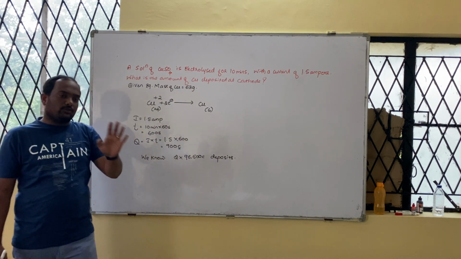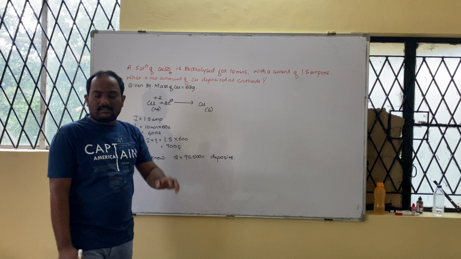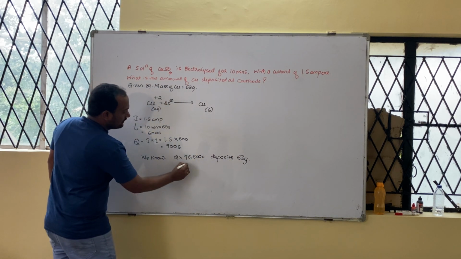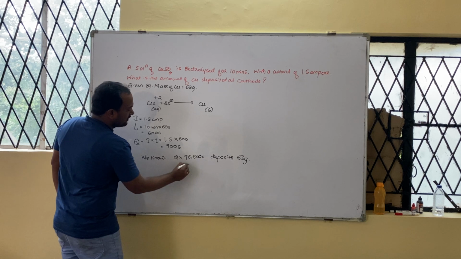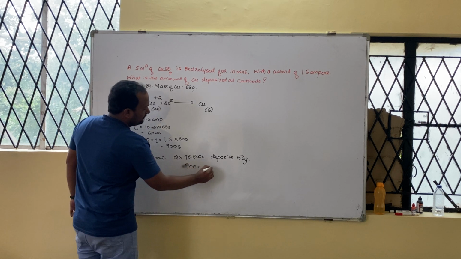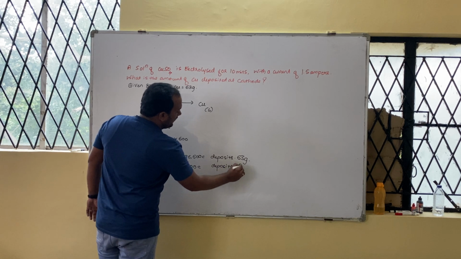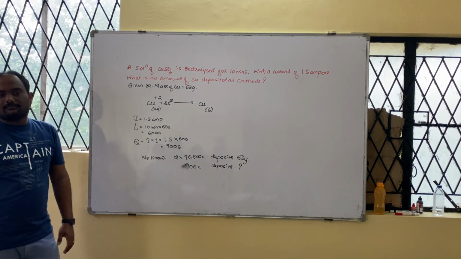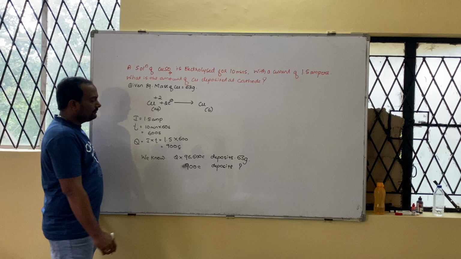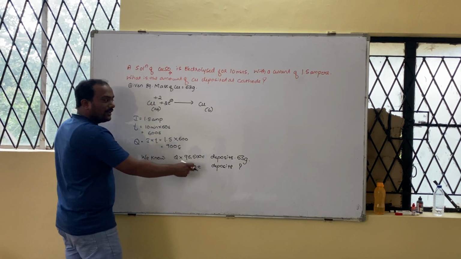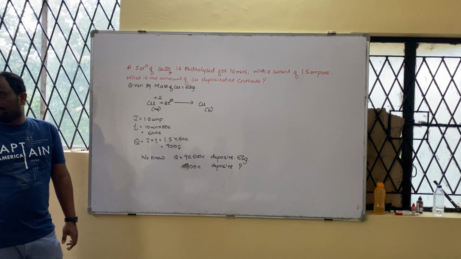Whether you pass 1 Faraday, 2 Faraday or n Faraday, how much deposits? 63 gram. Then 900 coulomb deposits how much? How do you calculate? Cross multiply. 2 into 96,500 deposits 63, then 900 is given, so deposits how much?